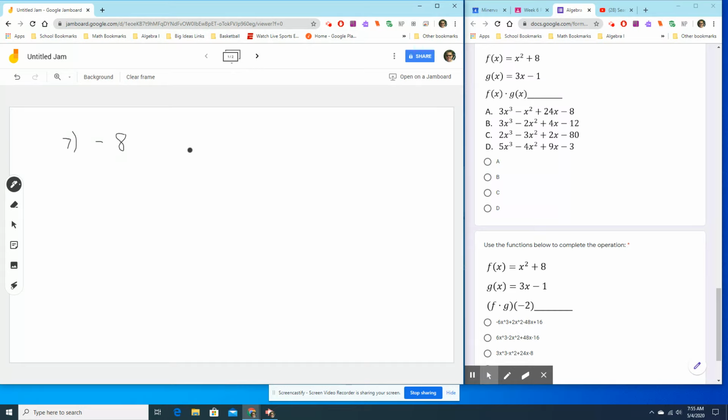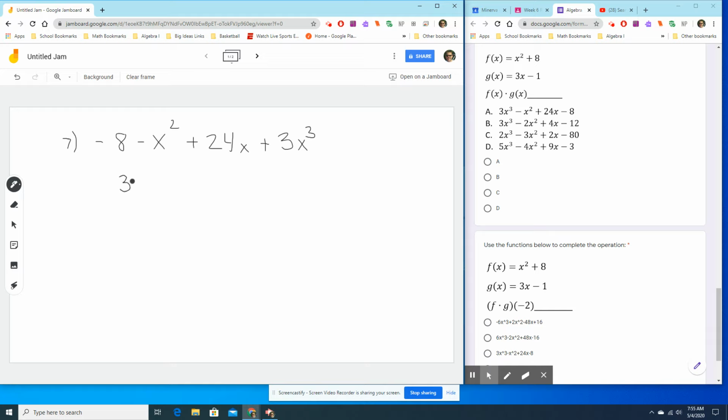Negative 1 times x squared is negative x squared. 3x and 8 is positive 24. And 3x and x squared is 3x cubed. Don't forget you add exponents when you multiply them. Okay, so combine that up and that'll be our first part of this.